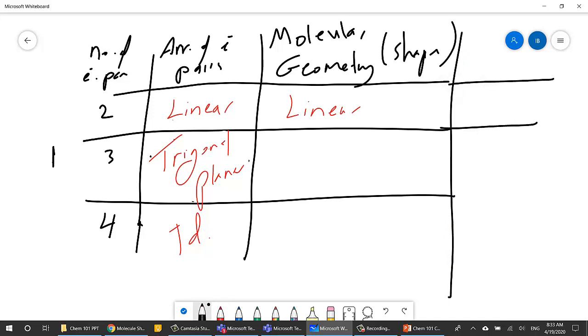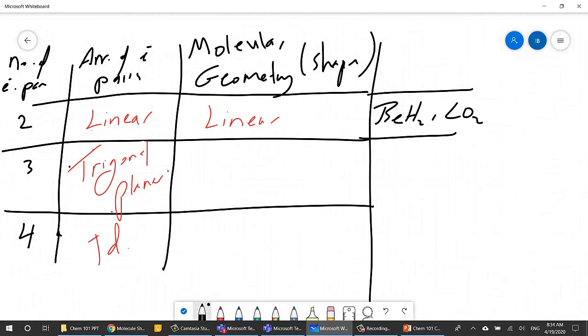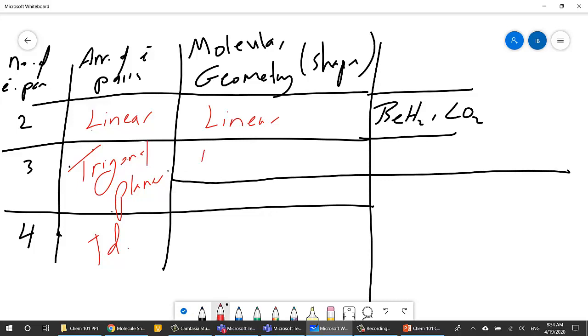An example is BeH2, for example, or CO2 actually is linear, and so on. You'll have so many examples, but these are very famous examples. For the trigonal planar now, you have two shapes. There is one that is called trigonal planar. Each family has children where, just like the Arabic families, the youngest child is named after the father. It's trigonal planar.